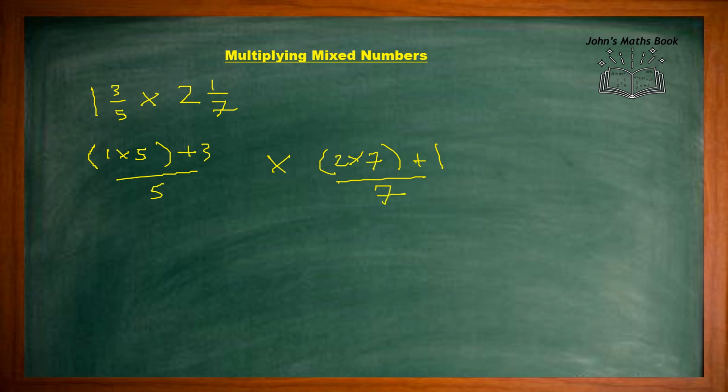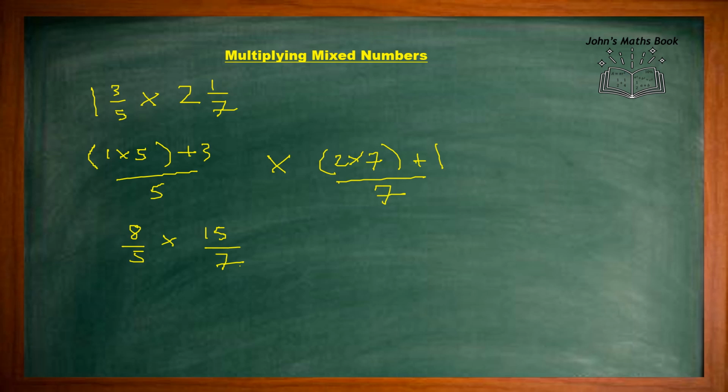So let's work all that out. It's 1 times 5 plus 3 gives 8, divided by 5, multiplied by 2 times 7 is 14 plus 1 is 15, 15 divided by 7. So now we just have to multiply the top and the bottom together.